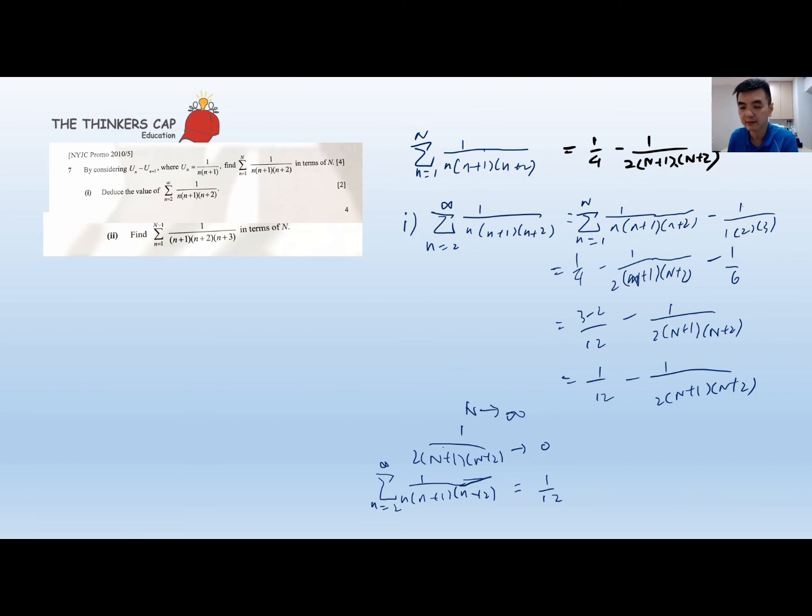So this is the result for summing to infinity, where we find out what happens when n approaches infinity. So that's for part 1.